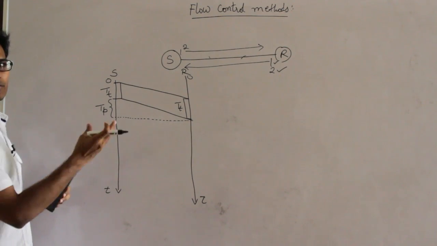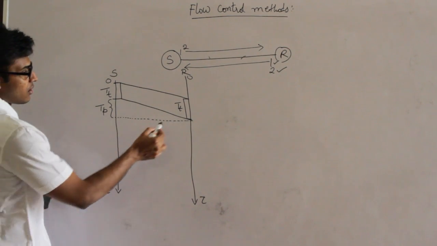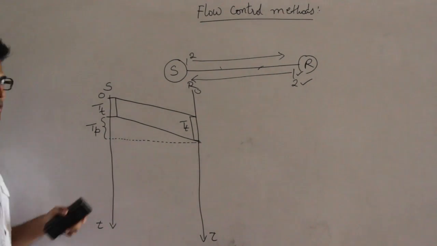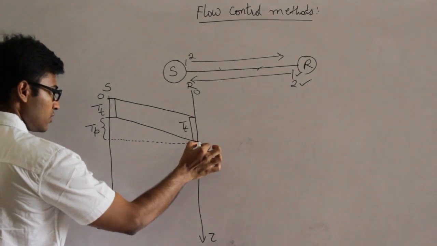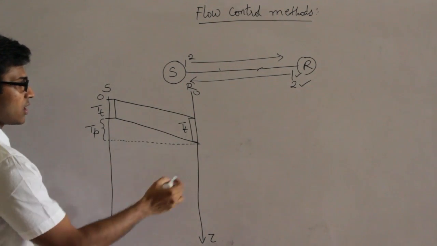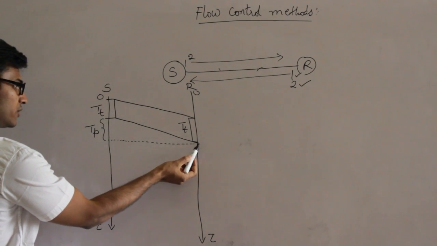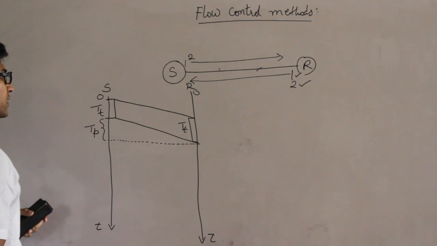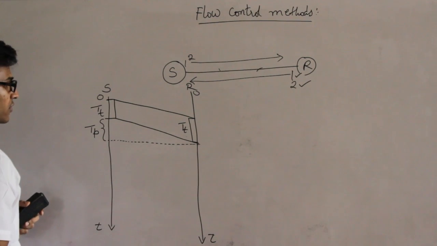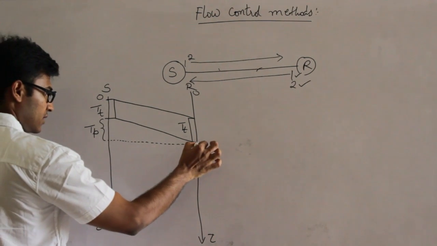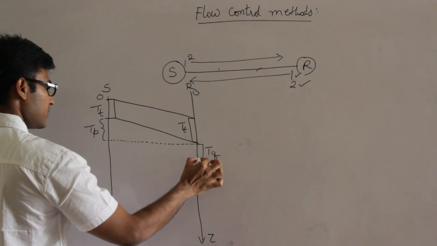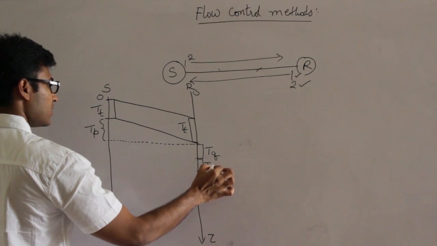Okay, zoom in, and now after the packet has been received by the destination, the destination is going to wait for some time, which is called queuing delay. There will be queuing delay and processing delay, but for the sake of simplicity we are not taking them. Maybe even if you take them, they are going to be 0, right? So let's say there is something called queuing delay, TQ, and then there is processing delay, T process.